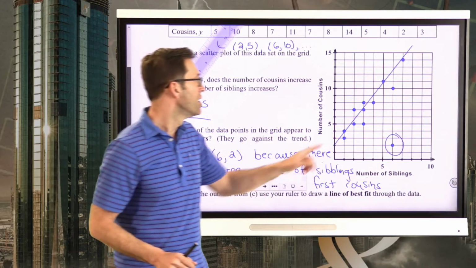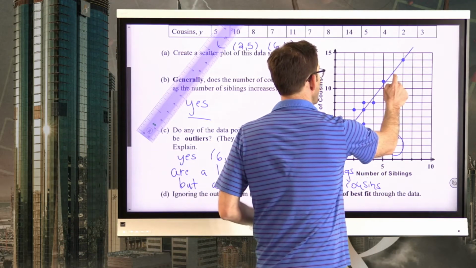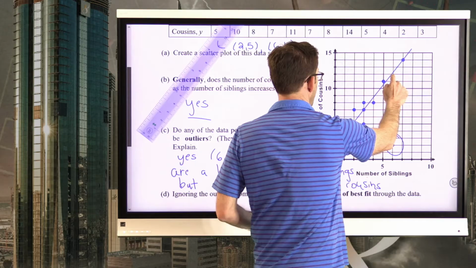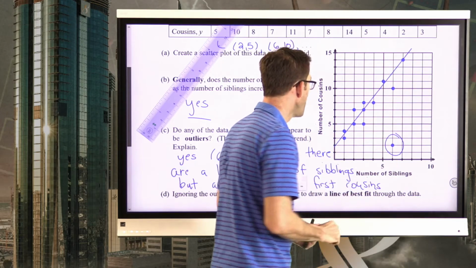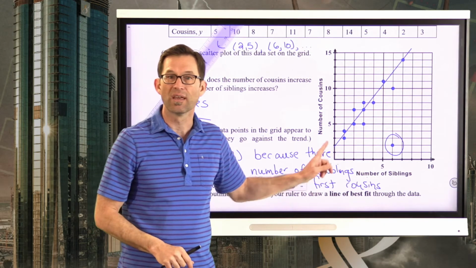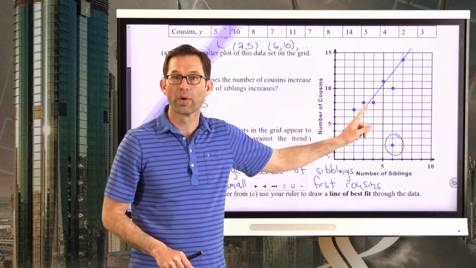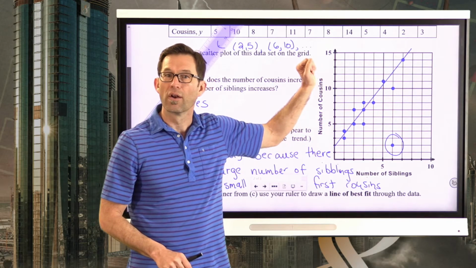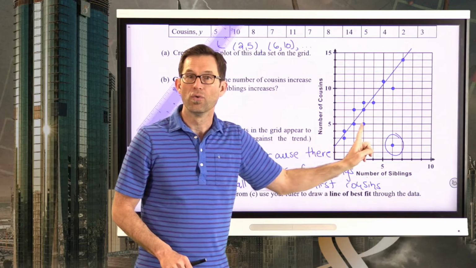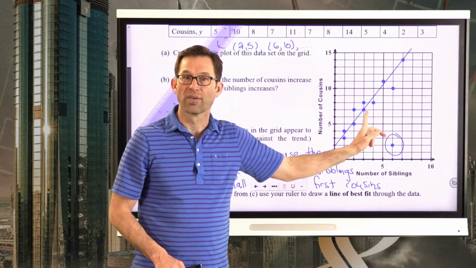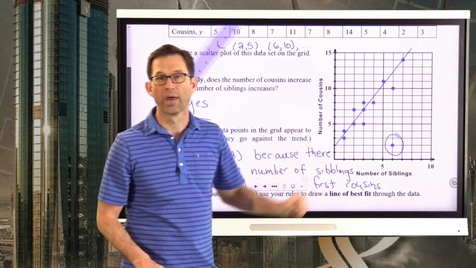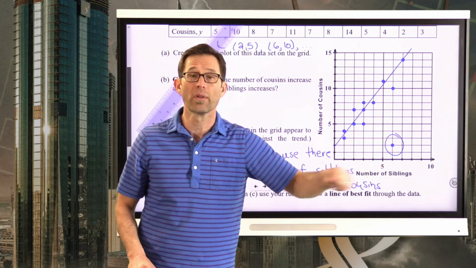That's not bad. I could try to adjust the line in some way if I felt like it wasn't quite doing the job, right? By adjusting it down there, I've now got 1, 2, 3 points, maybe even 4 that are above it, and 1, 2, 3 points that are below it. It looks like I've got a couple points, maybe 3 points that are right on the line, and then I've got my outlier that I'm totally ignoring.